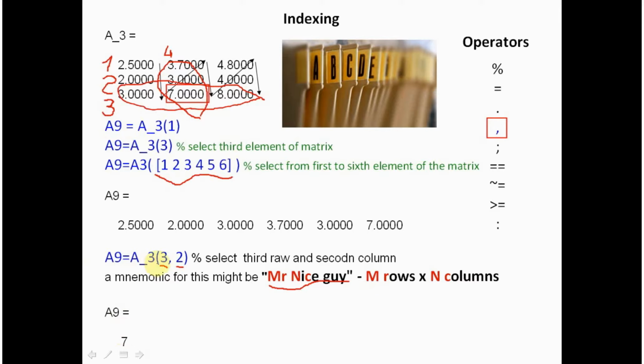Or you can type just 6. So this. If you don't use a comma, see, the comma separates 2 coordinates. If there is no comma, if there are brackets, then it will take the third and the second.